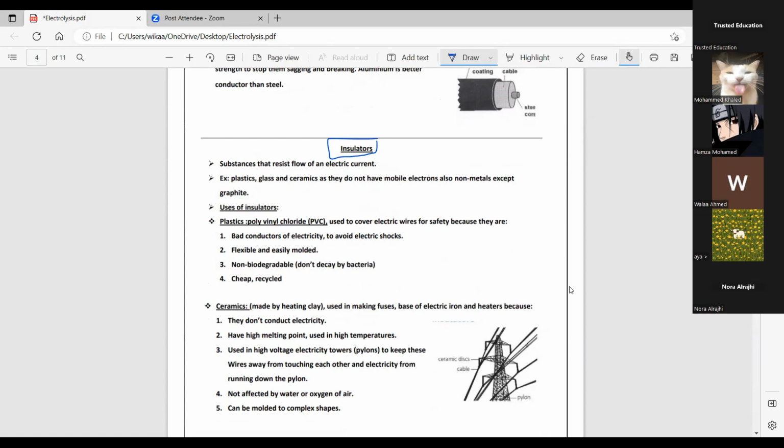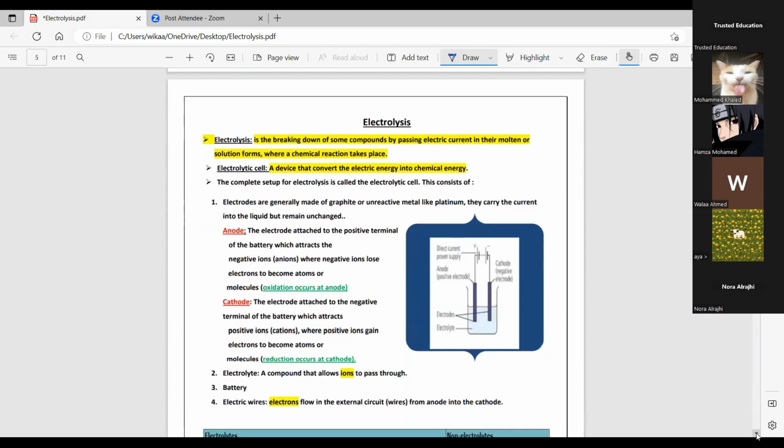نيجي بقى للجزء المهم electrolysis. What's the meaning of the word electrolysis? Electro means electricity. Lysis means breaking down. So electrolysis means breaking down of a compound by passing electricity through it. The question is, any compound? No, not any compound.